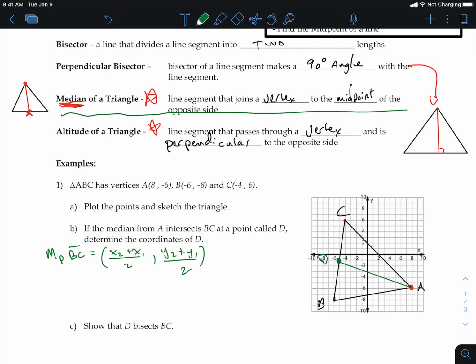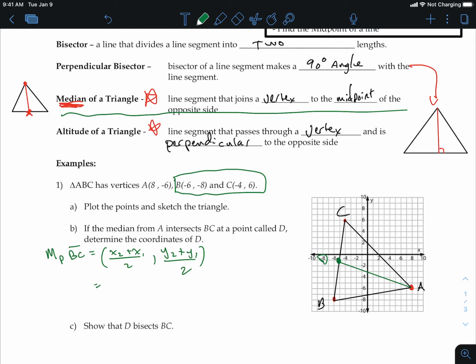That's a coordinate point, right? So you just use the points B and C. These are the two we're using. Plug in the x values, divide by 2. Plug in the y values, divide by 2. That's the midpoint. That's the coordinates of D. D is the midpoint of BC because it's a median.